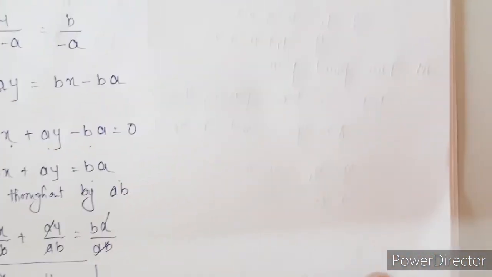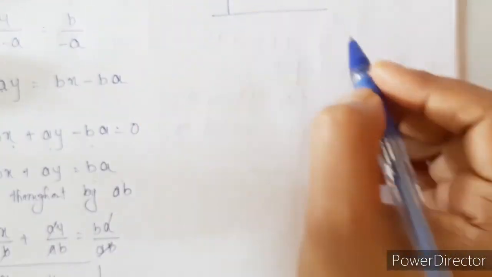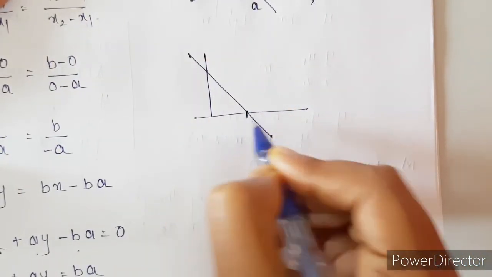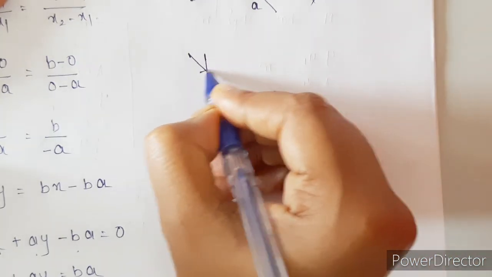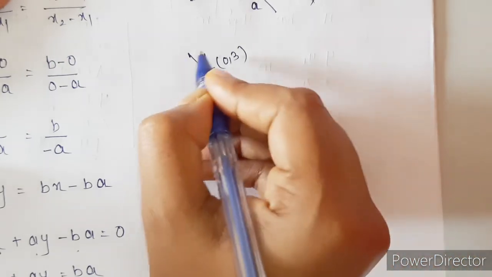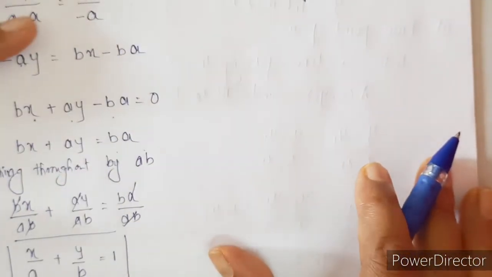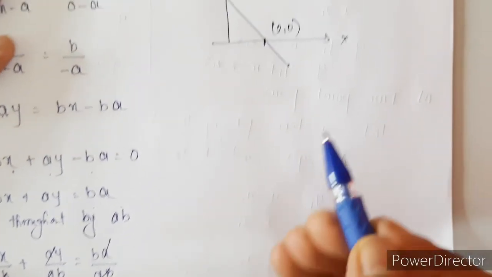Now for example, suppose we have a line which is intersecting at 2, 0 and 0, 3. We need to find the equation of this line. Now we don't have to calculate all these things. We can just take this equation, substitute and get the equation of the line.